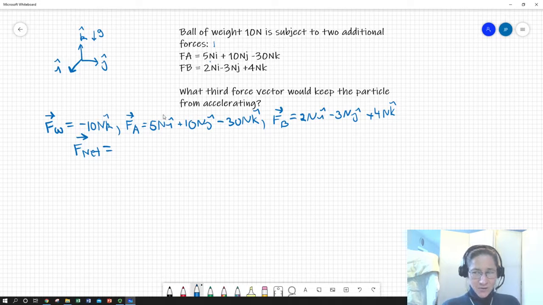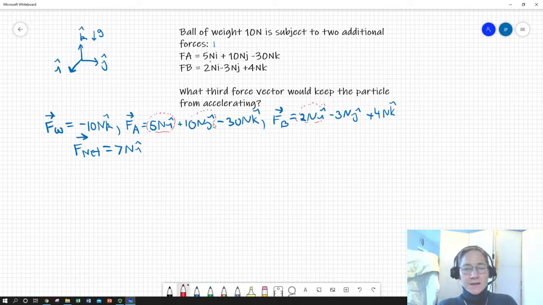So let's scan through and collect everything. In fact, we'll use some colors here. I'll use red to collect all of the I hats. We've got 5 and 2, so that should be 7 newtons total in the I hat direction.